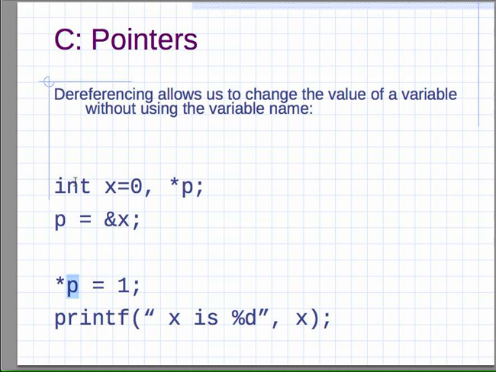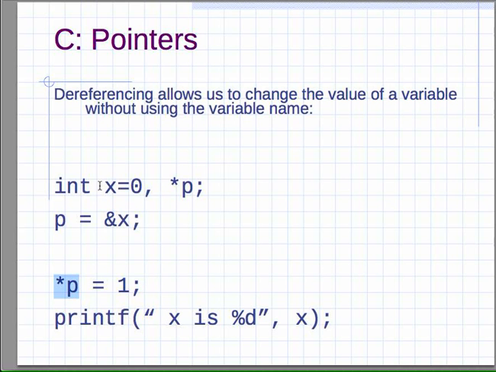So for example, in this particular case, we set x equal to 0, and we say that P is a pointer, and P is going to get the address of x, that is, we say that P is pointing to x. And when we say star P, we're basically saying whatever P is pointing to, which happens to be x, we assign the value 1 to it.